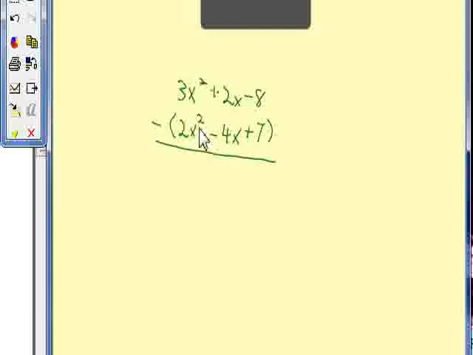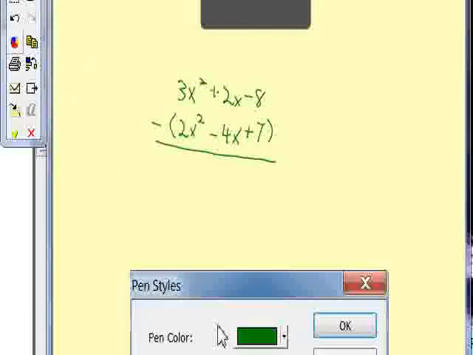And now I'm going to change colors so you can see what happens here. I shifted my piece of paper, so that's going to shift everything I write around a little bit. Oh, purple. Go with that.